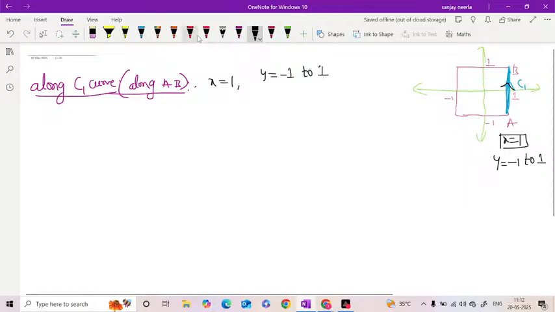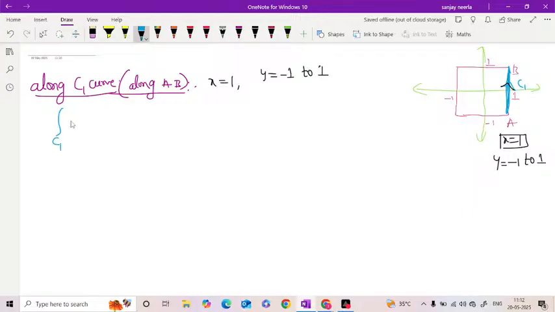Now come to the C1 curve. The integral is over C1 of F dot dr, which is x square plus xy into dx plus x square plus y square into dy.